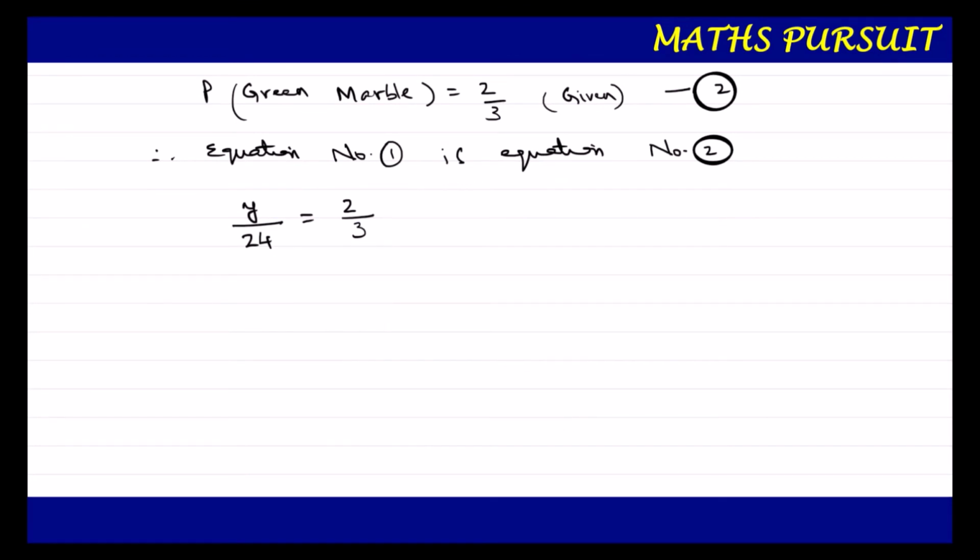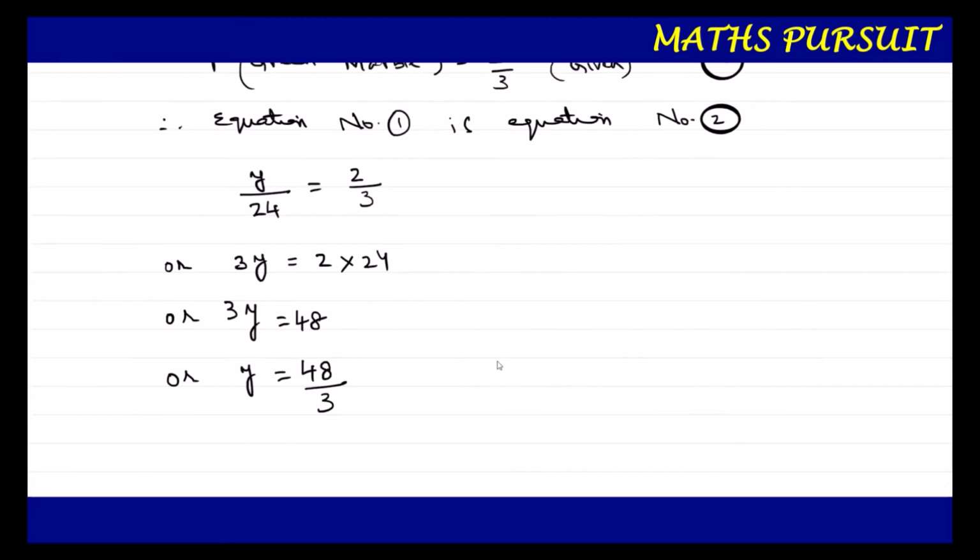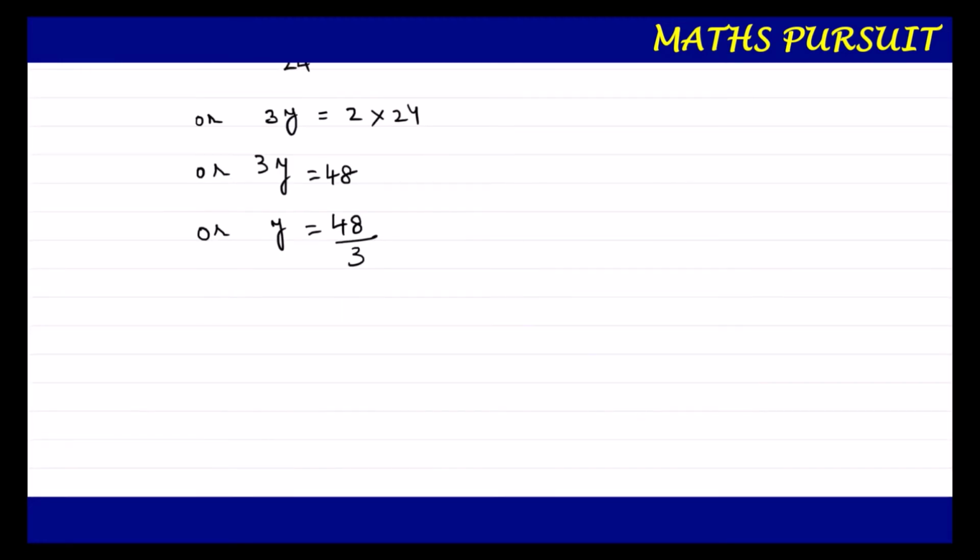Now if we solve this equation I can write 3y is equal to 2 into 24, just cross multiplying, or 3y is equal to 48, or y is equal to 48 upon 3. 3 1s are 3, 3 6s are 18. So what we got, guys? We got y is equal to 16.